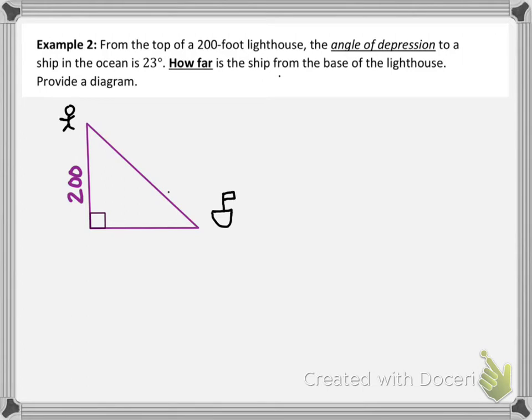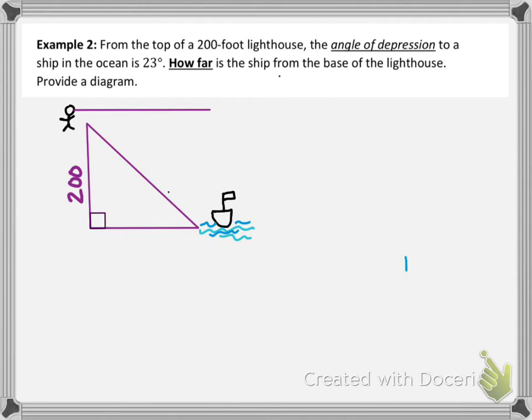And you know what, let's have some fun and provide some water. Okay, so here is our boat. Now, your line of sight, remember, your line of sight from the top of this lighthouse is usually like this, okay? Remember that. But you are spotting a boat, and they say the angle of depression to the ship that's in the ocean ends up being 23 degrees.